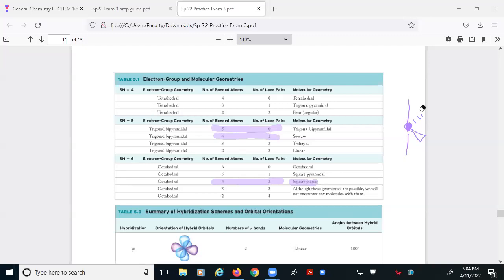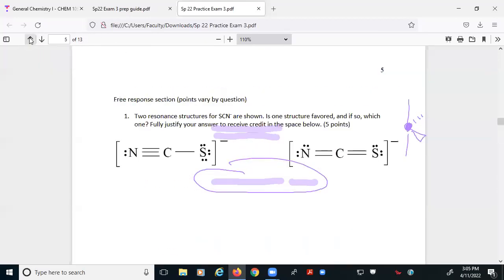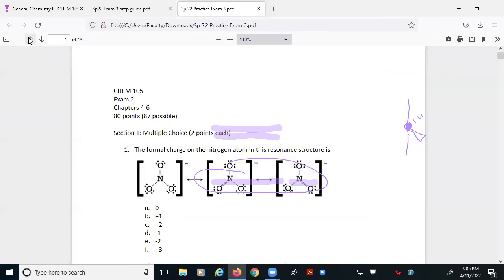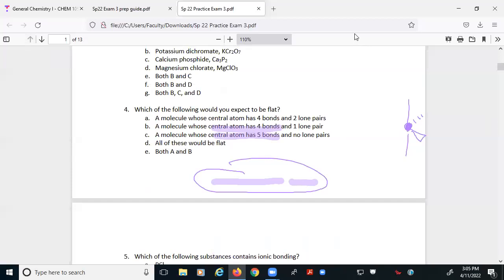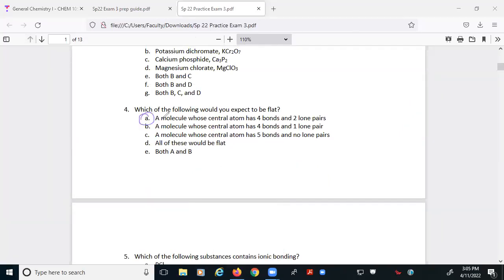So the only one that fits the description is the square planar one. 4 bonds, 2 lone pairs. So that would be A. This one gives us square planar.